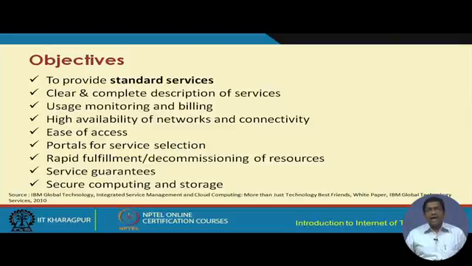There should be ease of access to these resources, and the services should be managed in such a manner that the customer does not get any feeling of an underperforming computing environment. There should be portals for service selection, service guarantees, and rapid fulfillment or decommissioning of resources, and it should be a secure environment where computing and storage facilities are securely made available to the users.